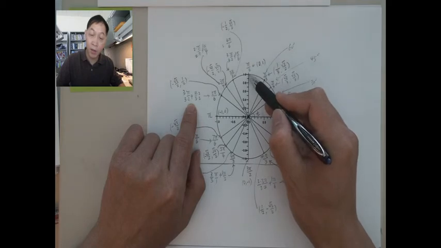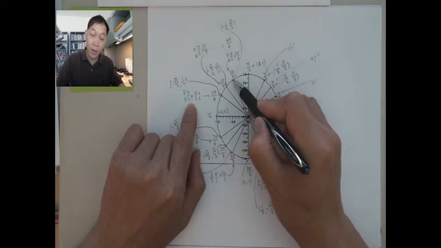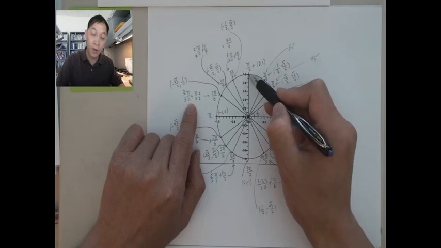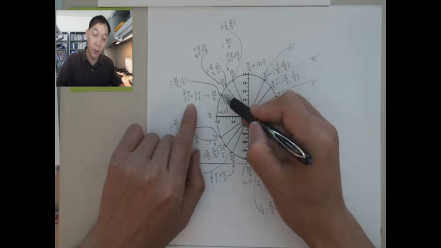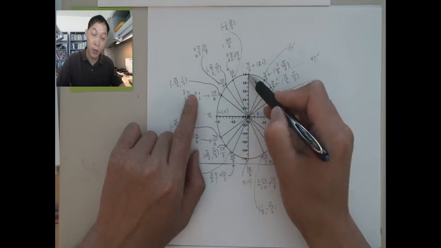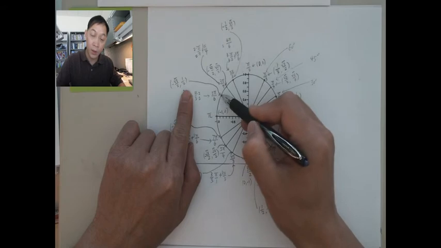From here to here, you have a 90. From here to here, another 30. From here to here, another 30. Okay? Or you may say, from here to here is 30, from here to here is 30, so you get 60. 60 is pi over 3. Pi over 3 from here to here.